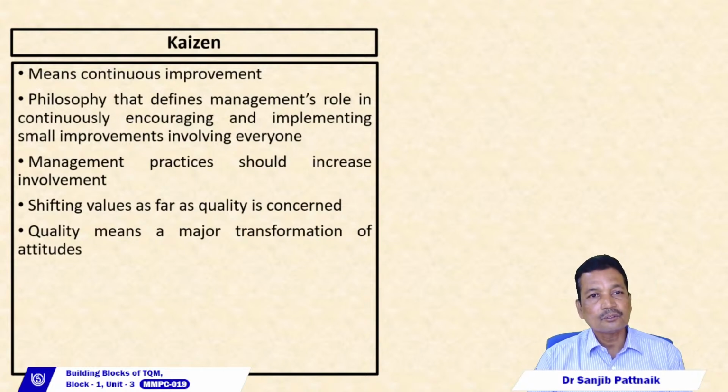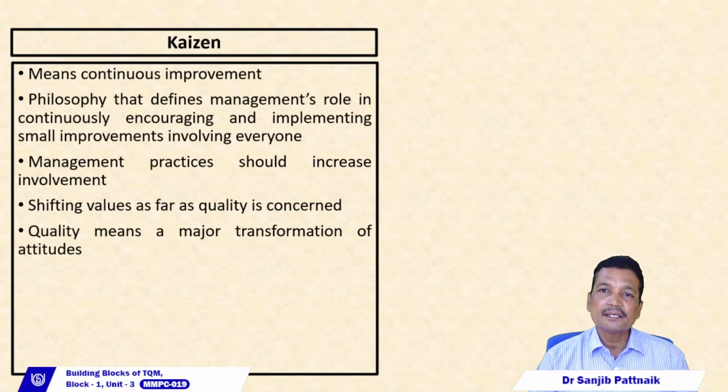Then we talk about Kaizen. It is a Japanese term which means continuous improvement. So management should encourage and implement small improvements involving everyone.